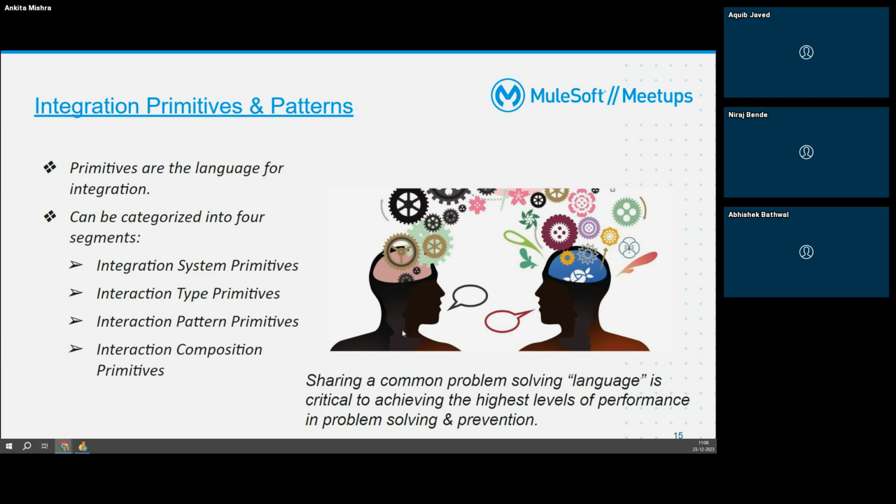Because if there is a miscommunication and if we are not able to understand each other's language, then we will never be able to integrate, we will never be able to reuse, or in a nutshell, we will never be able to solve a problem. All right.